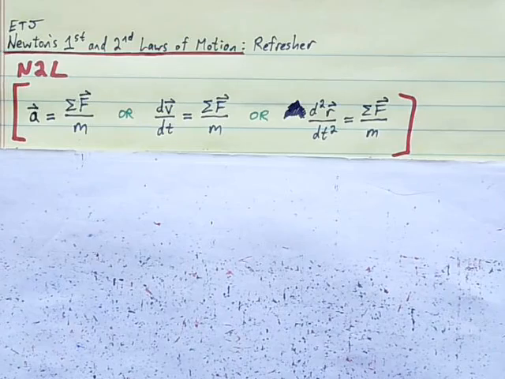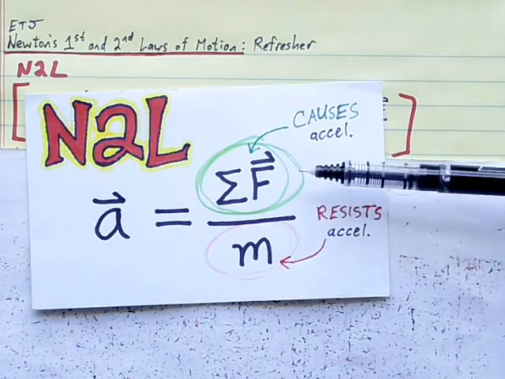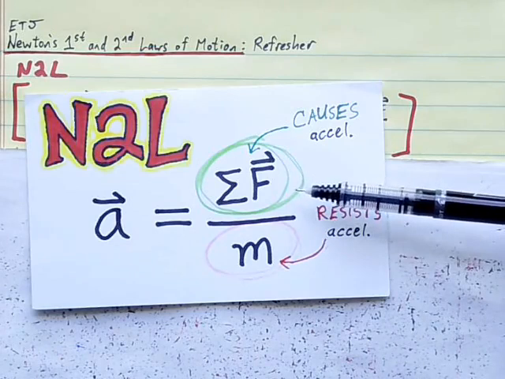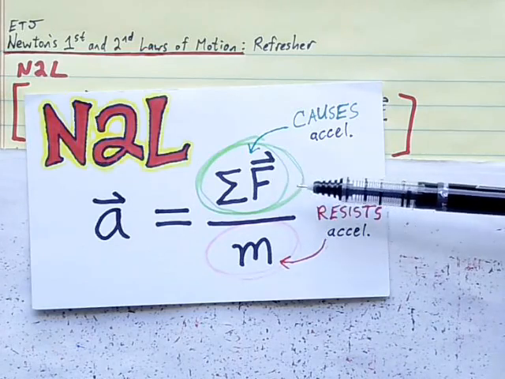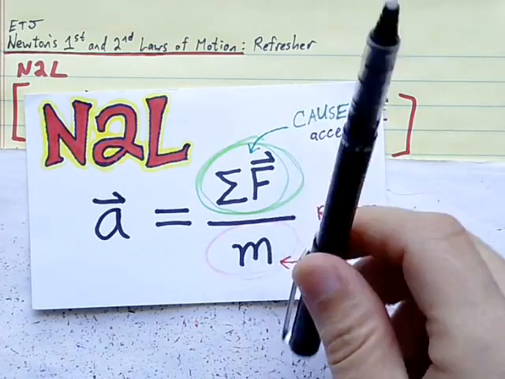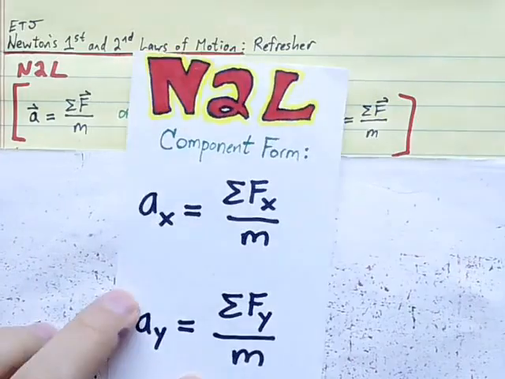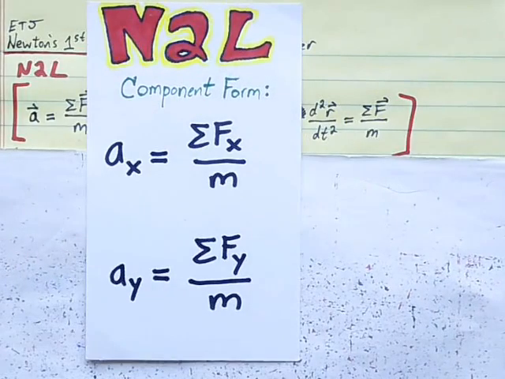Since Newton's second law is a vector equation, that means that when we use it, we generally write down a version of it for the x direction and a version for the y direction, and even a version for the z direction if we have motion in 3D. So in component form, the form we usually use when we're actually utilizing Newton's second law to solve problems looks like this.